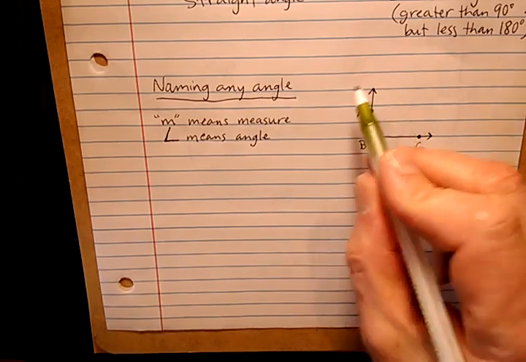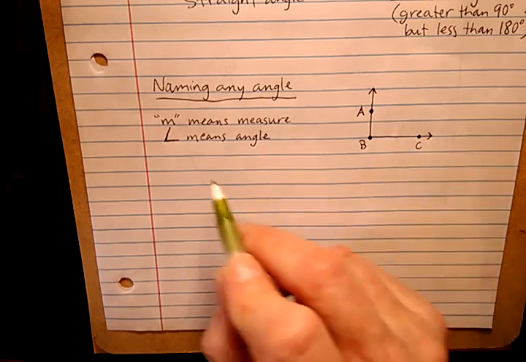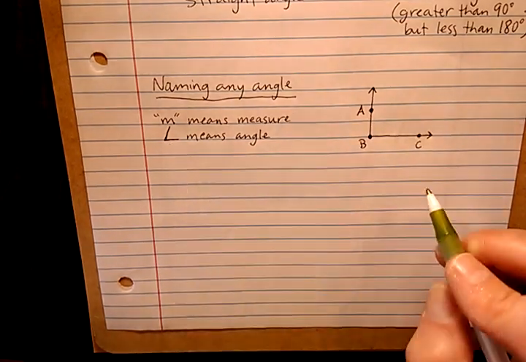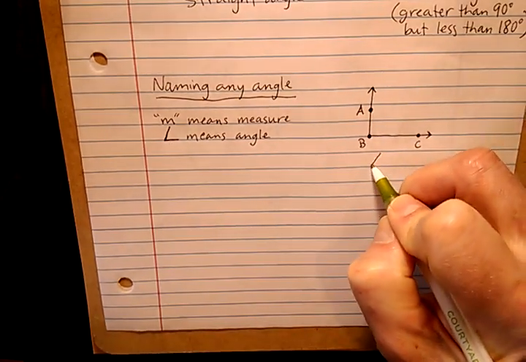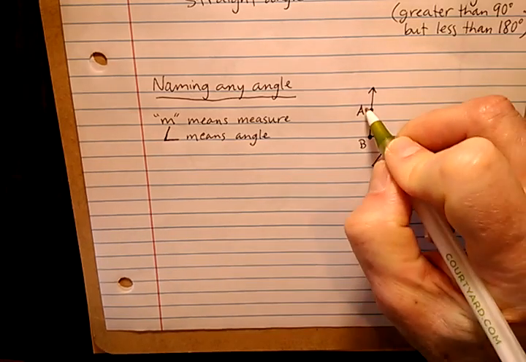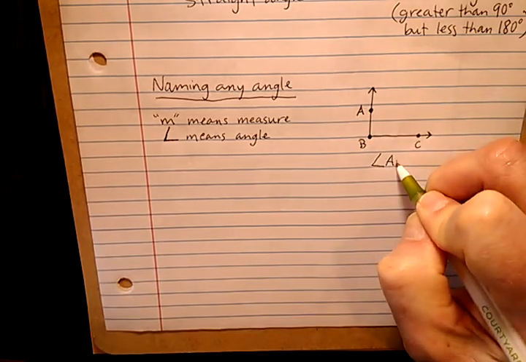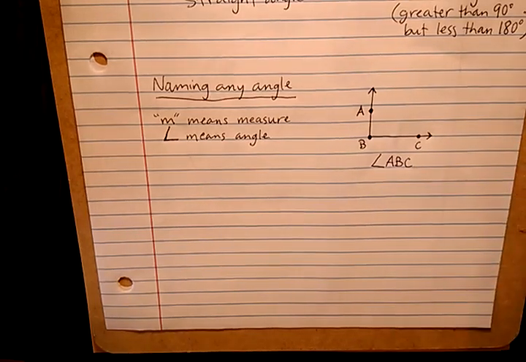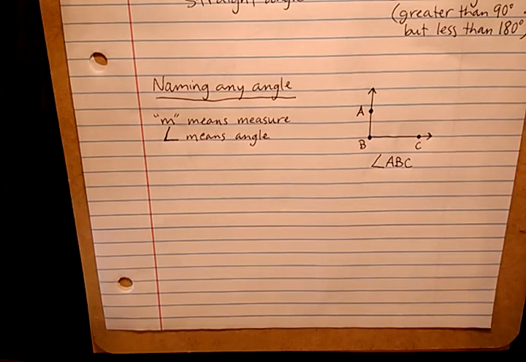So what we do when we want to name this angle is we use the symbol that means angle. So what we say is this is angle, and then we use the letters A, B, C. And so we've just given that angle a name, angle ABC. There's another way you can name this angle though.